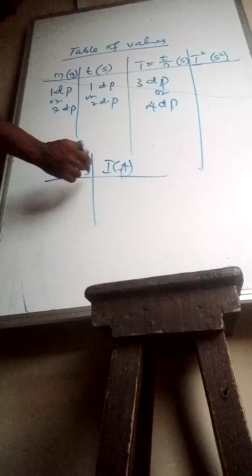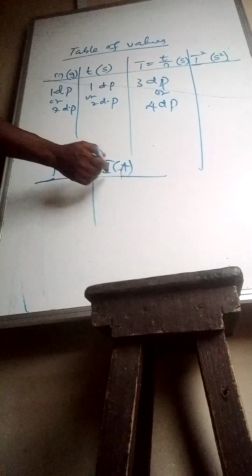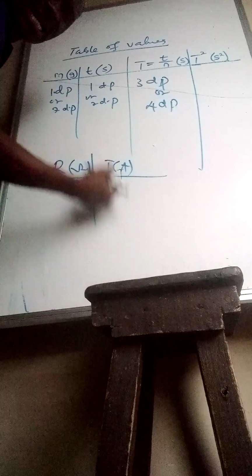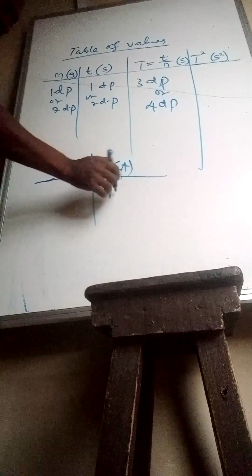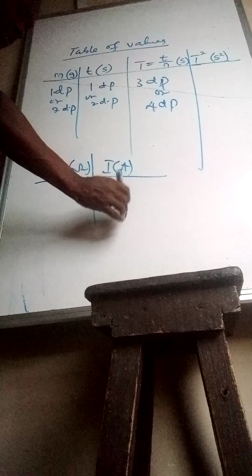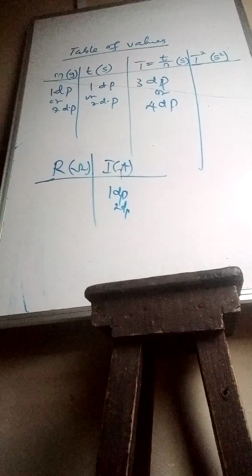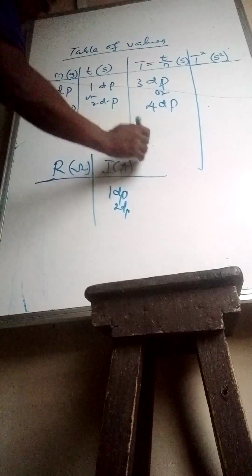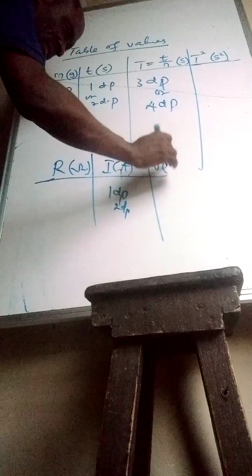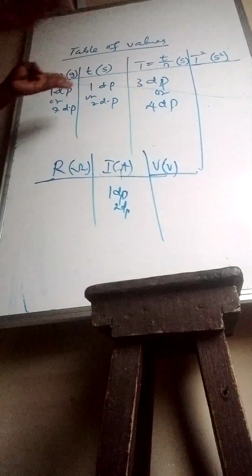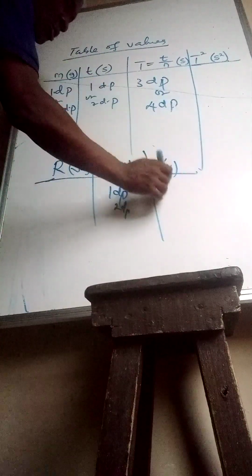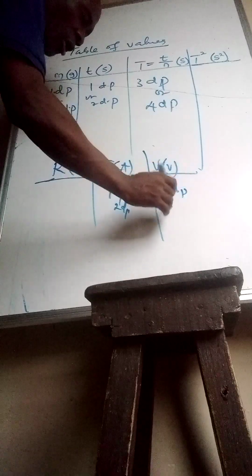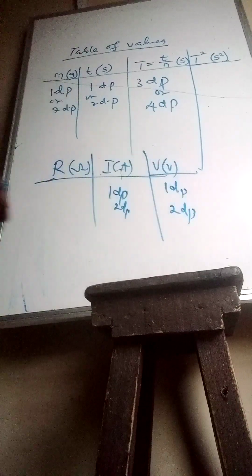So you will notice that the current are the readings you take directly from the ammeter. So this must be 1 decimal place or 2 decimal places. I'm trying to explain to you what I mean by direct readings. Okay? And voltage, which is in volts, is also direct readings from the voltmeter. So 1 decimal place or 2 decimal places.